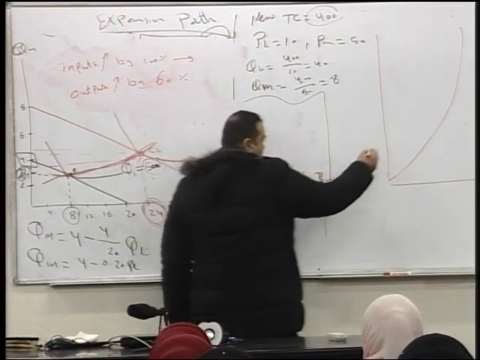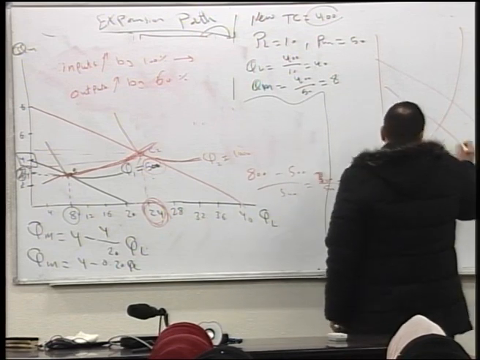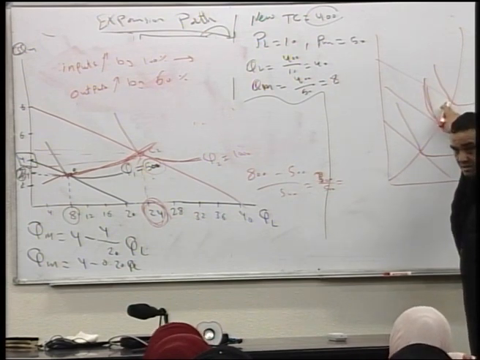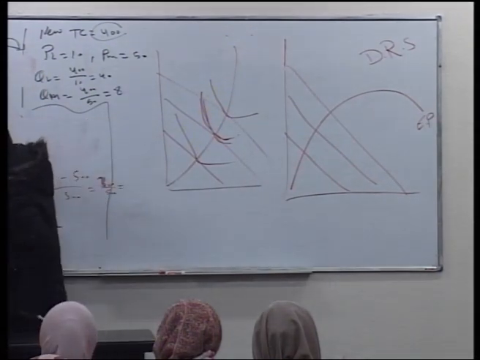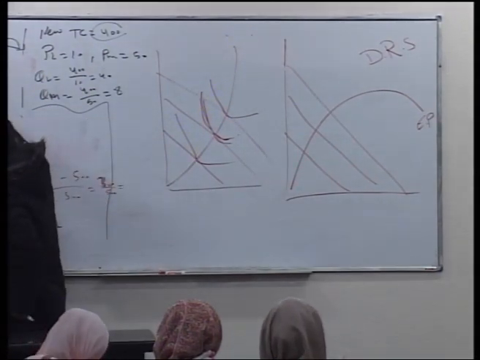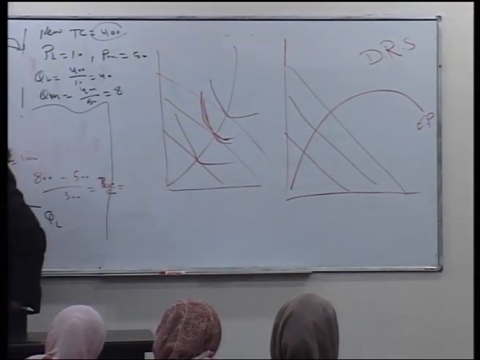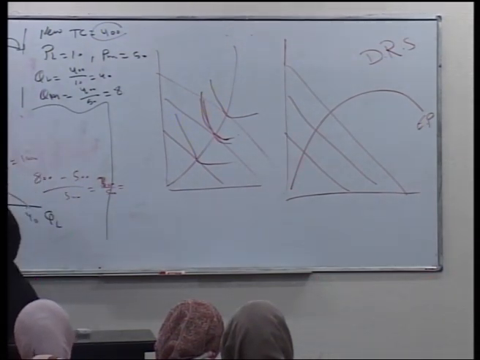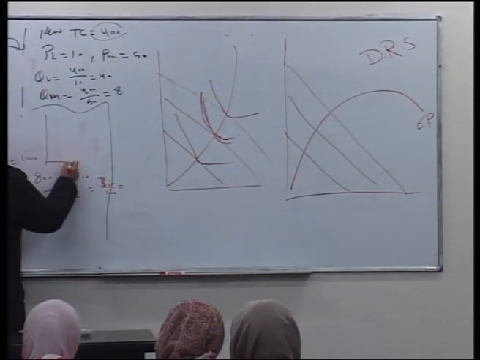So of course this will be like this. Unlike the previous case of increasing returns to scale, here the equilibrium will be like this. This will be fixed returns to scale or constant returns to scale. And the expansion path will be like this, a straight line.